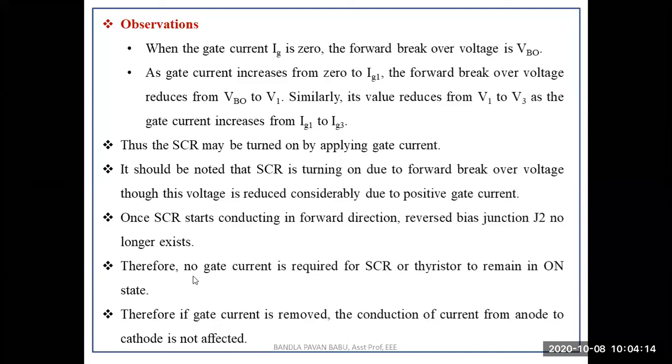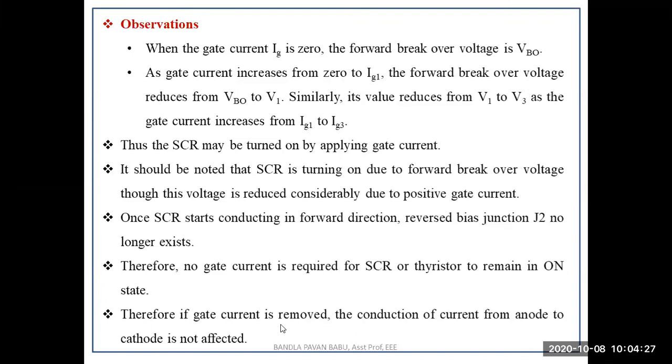Once the gate current is removed, all the current flows from anode to cathode. There is no control over the switch once it is completely closed. Therefore, if the gate current is removed, the conduction of current from anode to cathode is not affected.